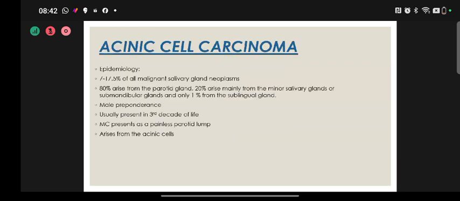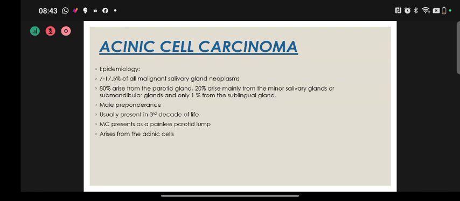Now coming to acinic cell carcinoma, it comprises 7 to 17% of all malignant salivary tumors. 80% arise in the parotid gland and 20% from the minor salivary glands or submandibular glands, and only 1% in the sublingual glands. Usually seen in males in the third decade of life.